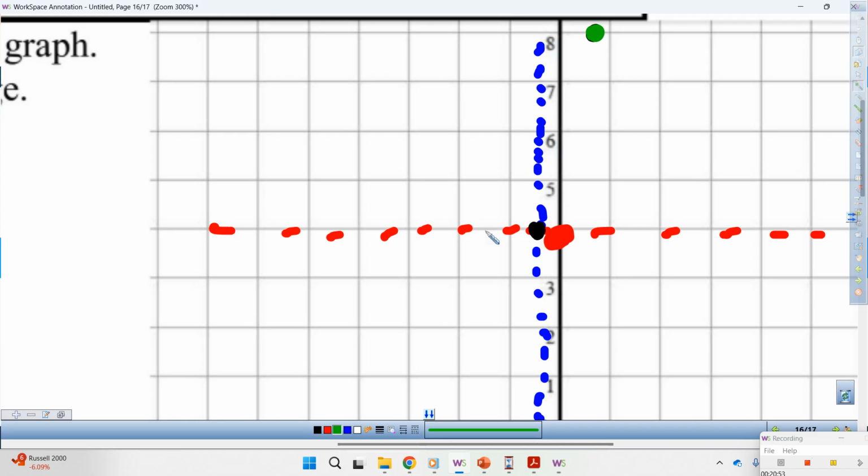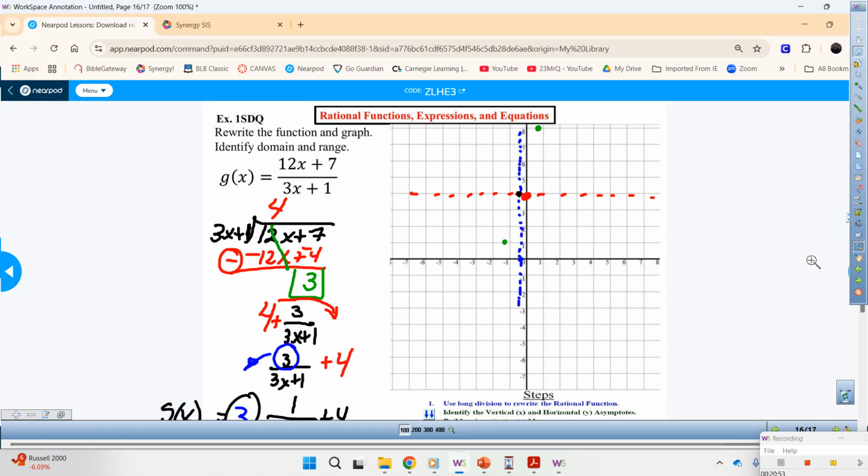Can't hear. 3 down. 1, 2, 3. That is correct. Let me zoom out. And now our graph should look something like that. Without a table. All right, we're almost done.